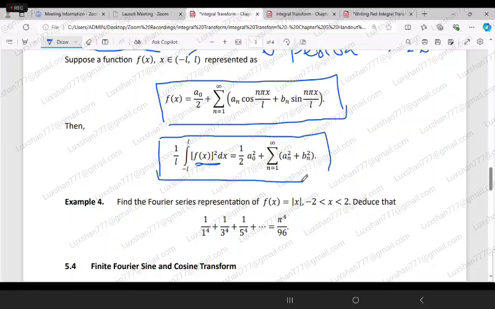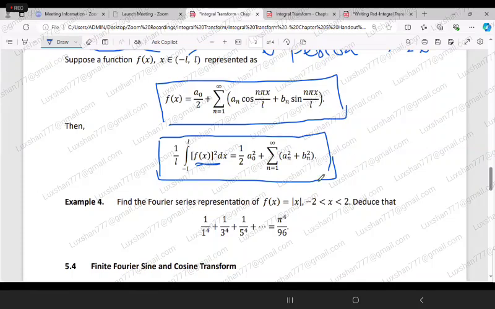Very simple: if this is the Fourier series expansion of the function f(x), then 1 over L times the integration from minus L to L of f(x) squared dx is equal to half of a naught squared plus the summation of a n squared plus b n squared.